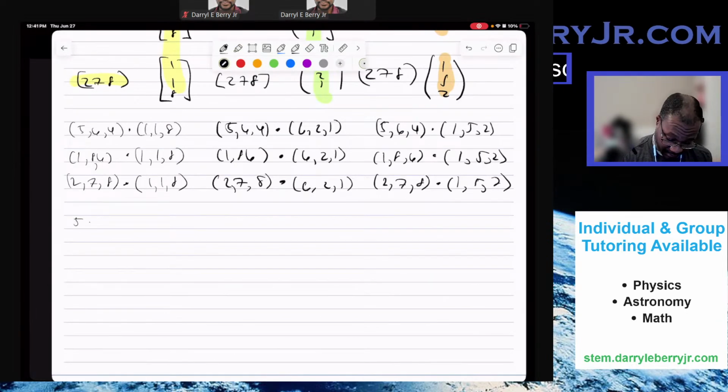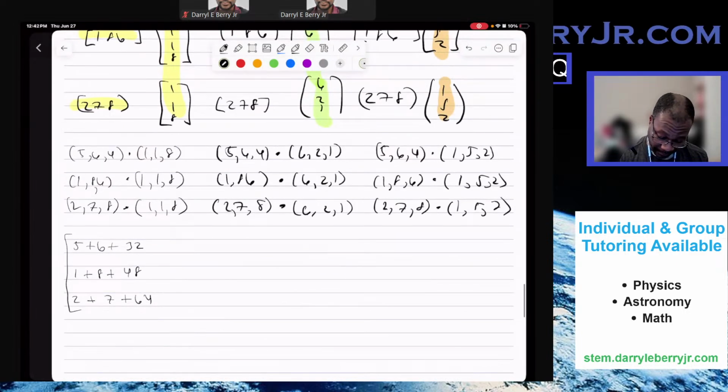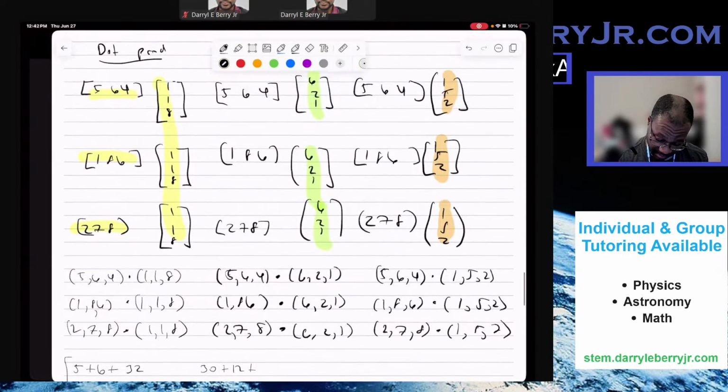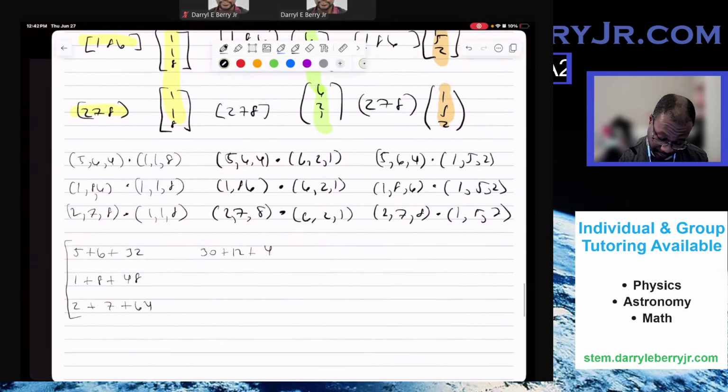And then we have 5 times 6, 5 plus 6 plus 32, and 1 plus 8 plus 48, and 2 plus 7 plus 64. Notice this will be a 3 by 3 matrix as it should be. And we have 30 plus 12 plus 4.